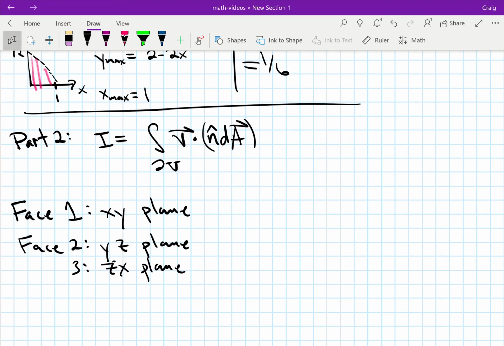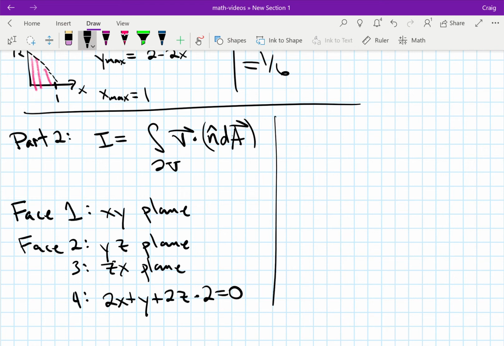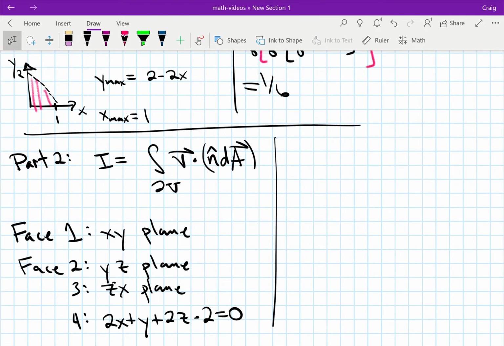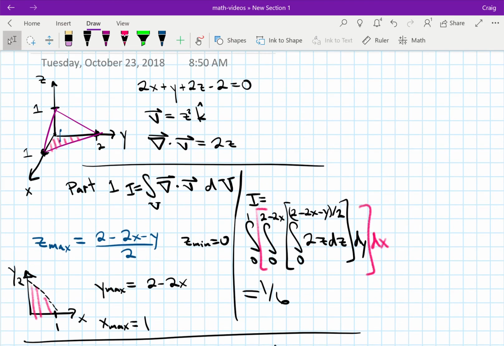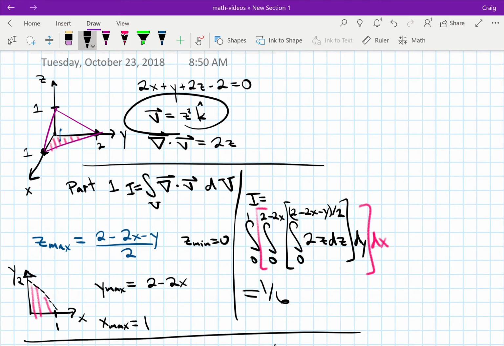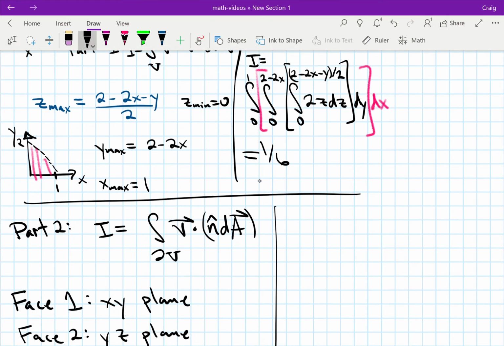And then face 4 is the oblique one, which was 2x plus y plus 2z minus 2 equals 0. Okay, let's think about the flux on each of those faces. Immediately, since our vector field, remember v, let's look at what it is. It points in the z direction. So I'll just copy that. V is equal to z squared k hat.